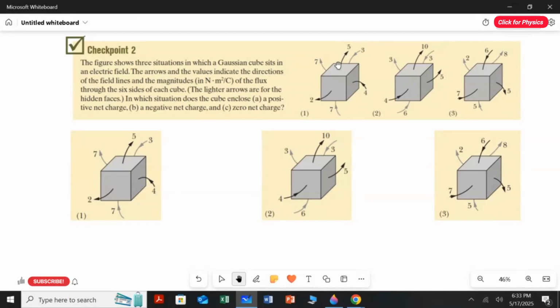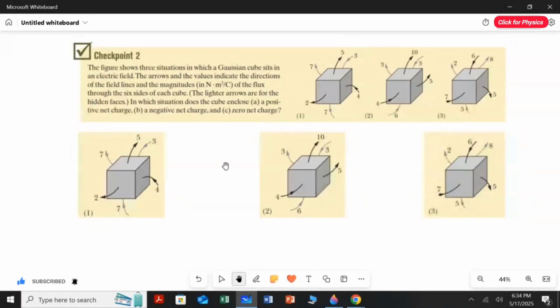Some arrows are lighter, and all these lighter arrows indicate the hidden phases. By using these, we have to find the net charge inside these cubes. That means cube 1 will have some charge, cube 2 will have some charge, and likewise we have to find whether it is positive charge, negative charge, or zero charge.